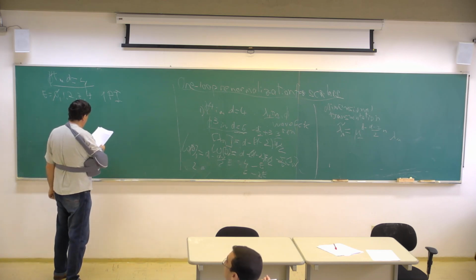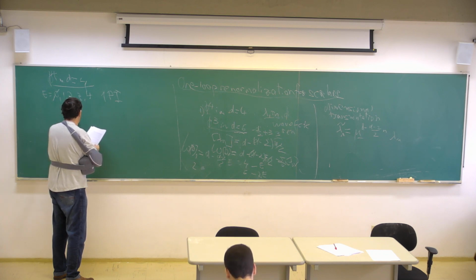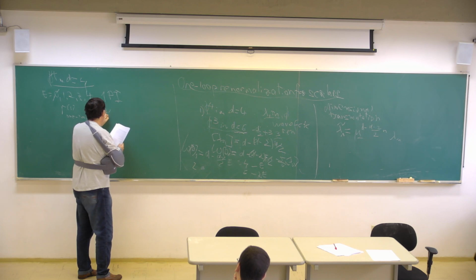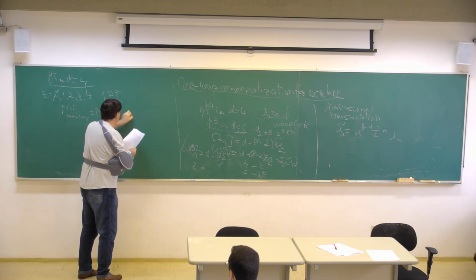And then also we can check that in this particular theory, the one loop 1 pi for e equal to 1 and 3 is actually 0.